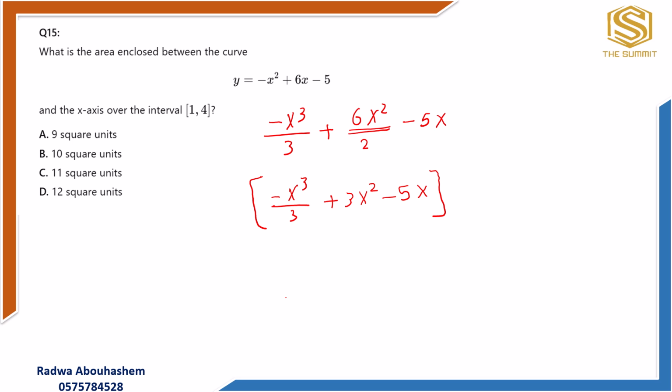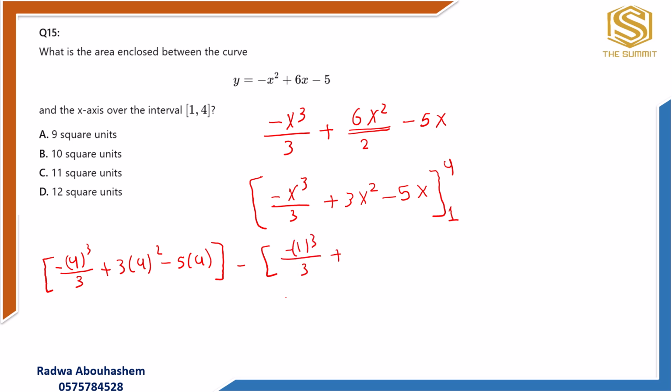Of course, I have to take the integration from 1 to 4. So let's do it. Negative 4 power 3 over 3 plus 3 times 4 power 2 minus 5 times 4, minus negative 1 power 3 over 3 plus 3 times 1 power 2 minus 5 times 1.